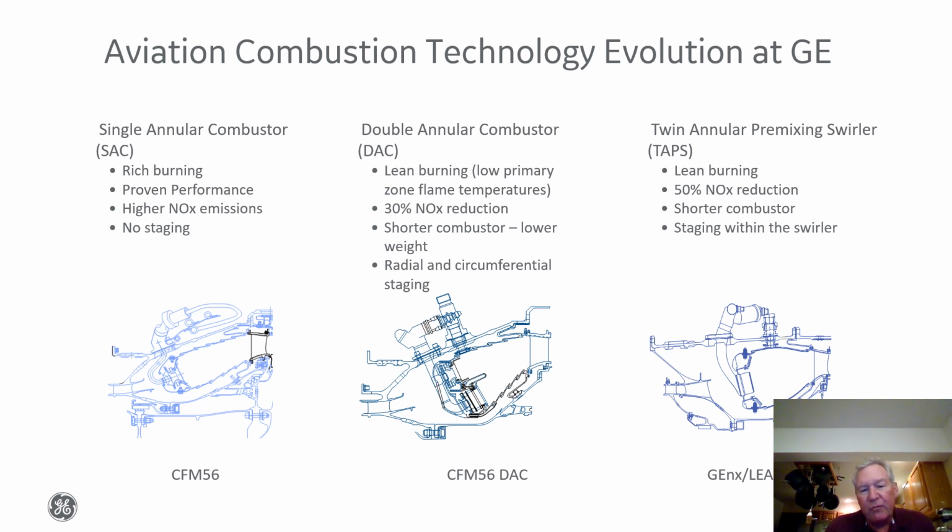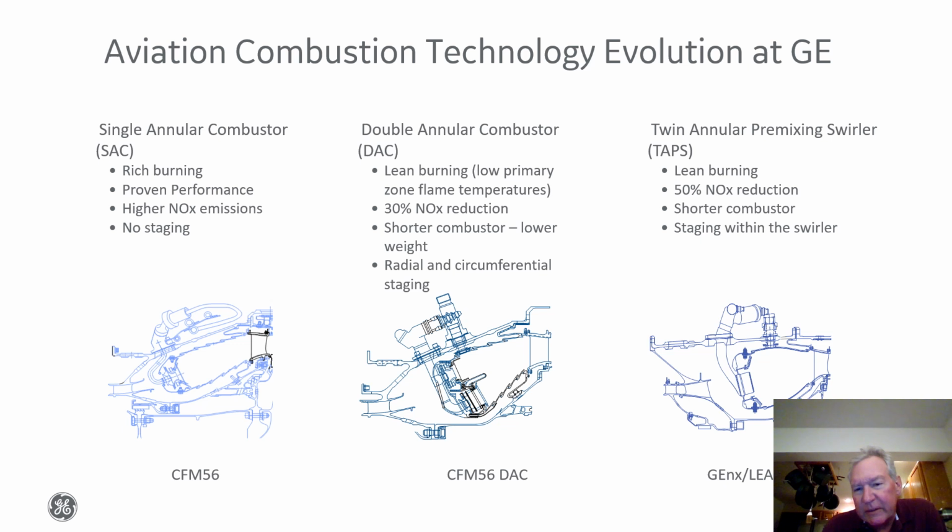And you can imagine, for a low power operation, we can just light off the flame associated with one of those injection points. And then for higher power operation, we can stage on the other circuit. So that's a strategy to be able to burn lean and stage the fuel in a dual annular combustor configuration.